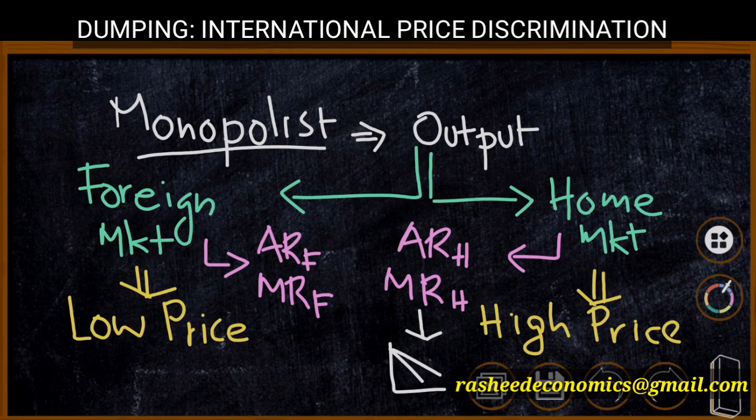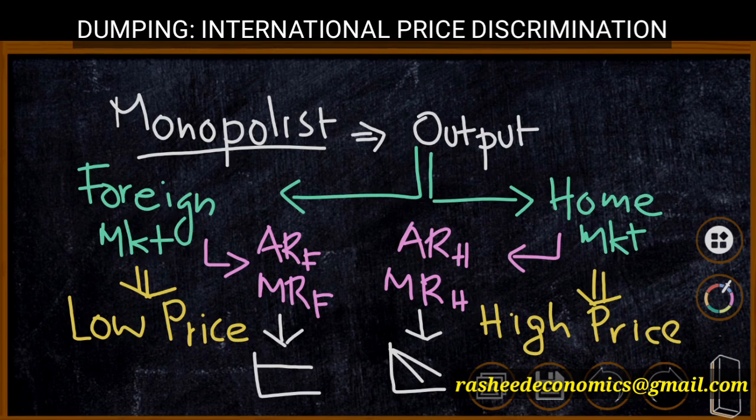But the monopolist is a competitor in the international market, and automatically there is perfect competition. Therefore, average revenue and marginal revenue will coincide like in a perfectly competitive market. So we combine the downward sloping average revenue and marginal revenue with an average revenue and marginal revenue which is parallel to the x-axis.